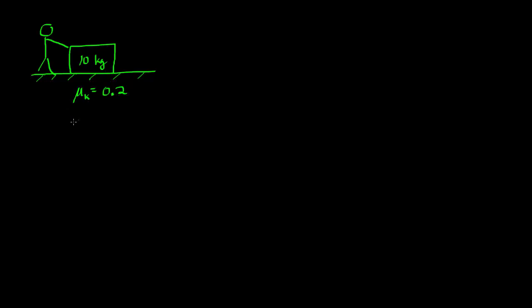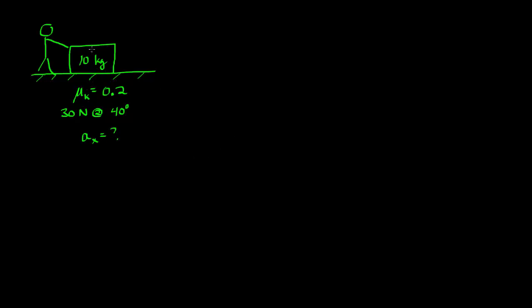And you're pushing with a force of, let's say 30 newtons at, let's do 40 degrees. So you're pushing this box across the floor. It has some friction, so we want to know what's the acceleration of the box. So the acceleration in the x direction.